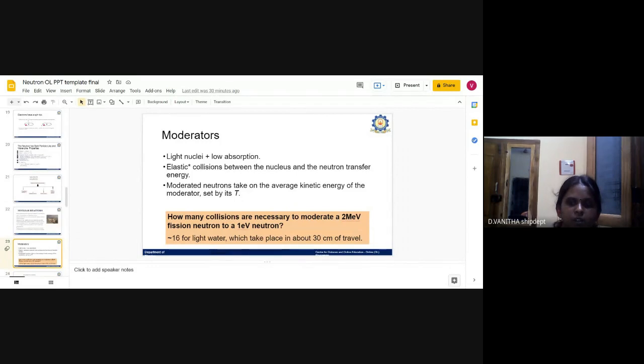There will be an elastic collision between the nucleus and the neutron, so that the neutron transfers energy to the nucleus. The moderated neutrons then take up an average kinetic energy set by the temperature T.